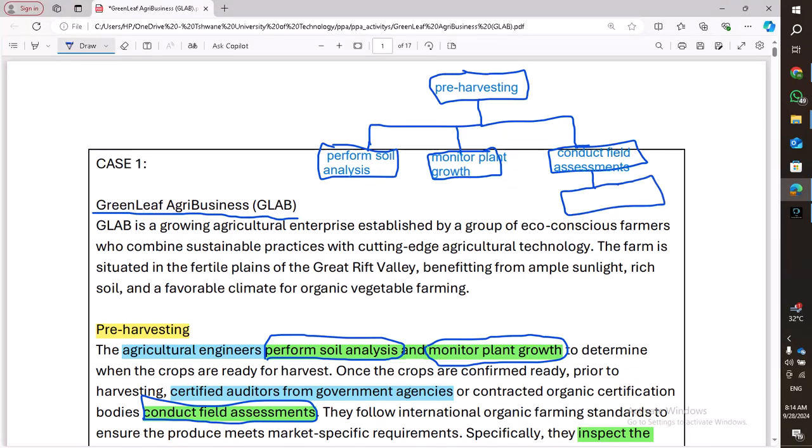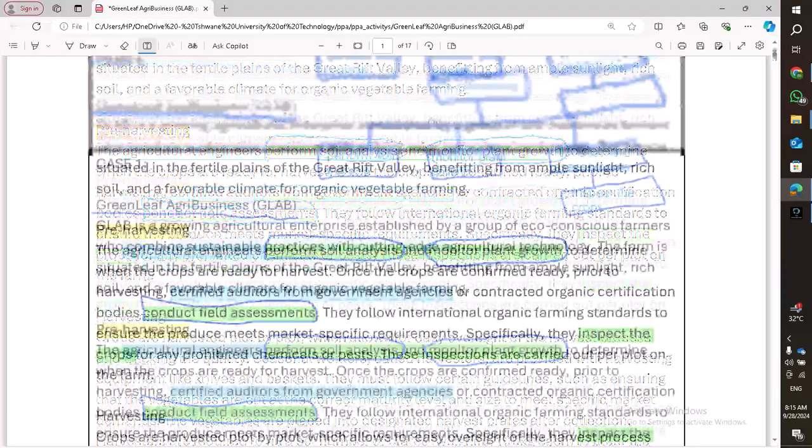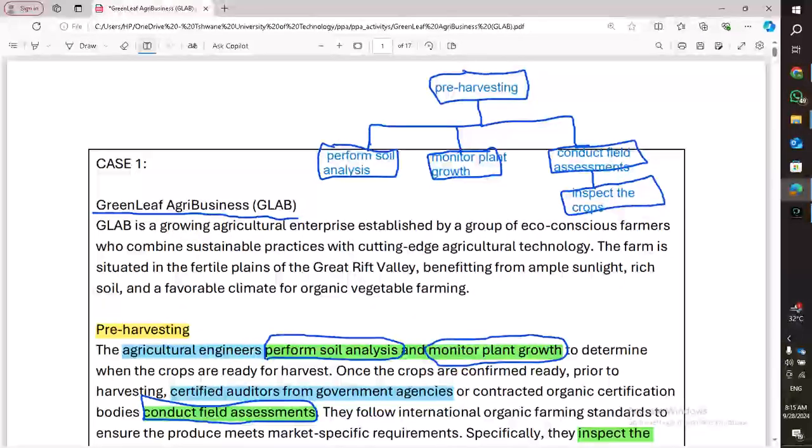This is how they do things, and this is what they do. So this is how we write the FDD diagram.